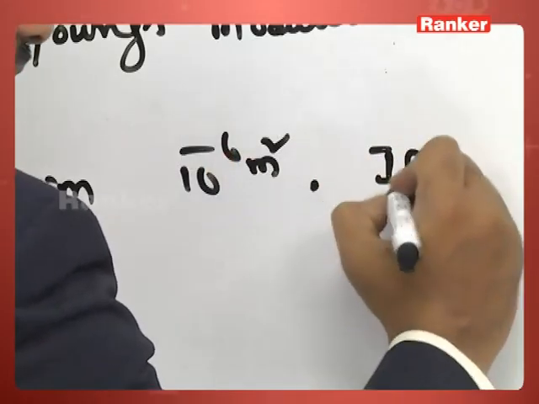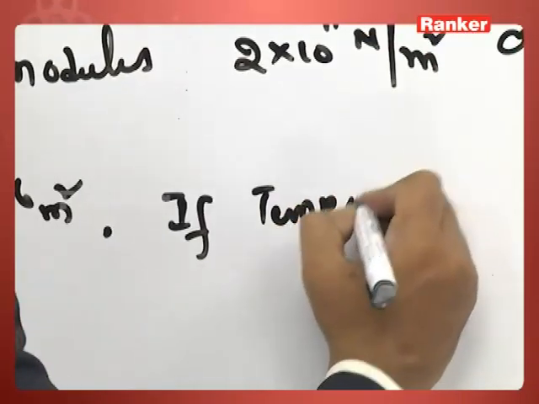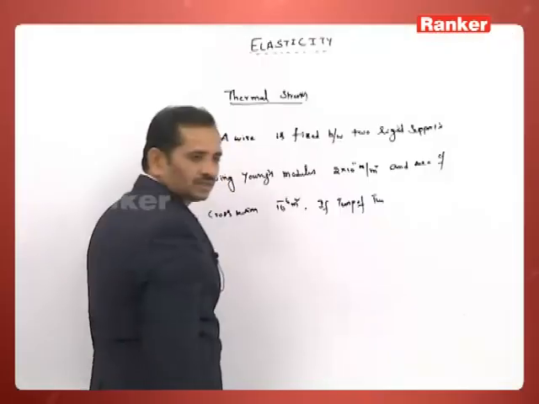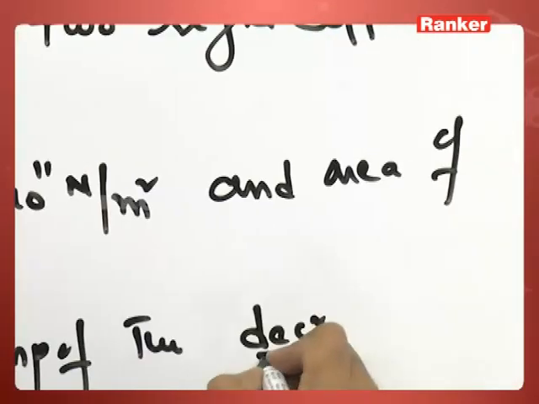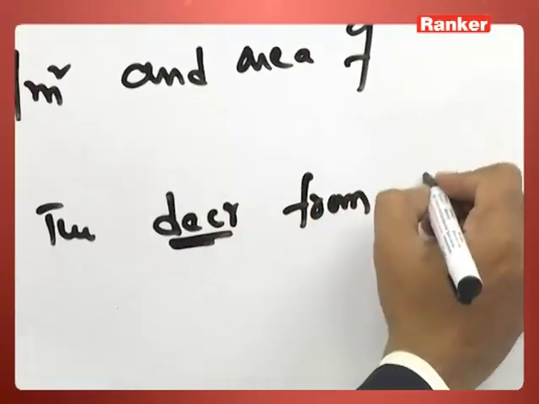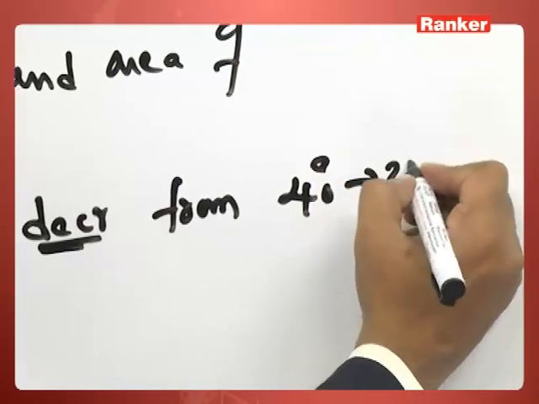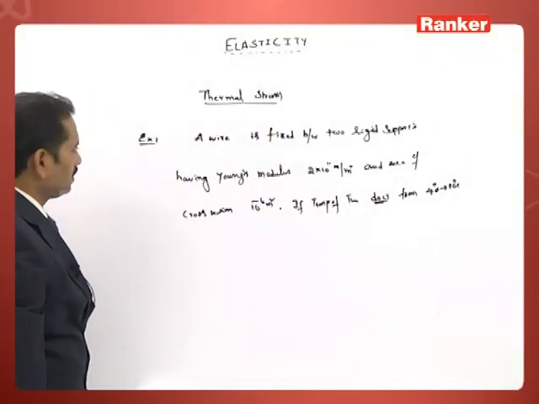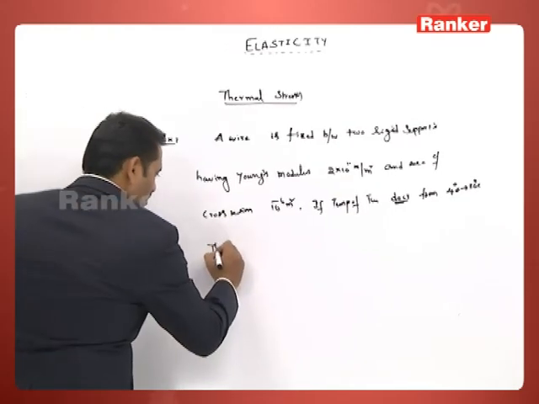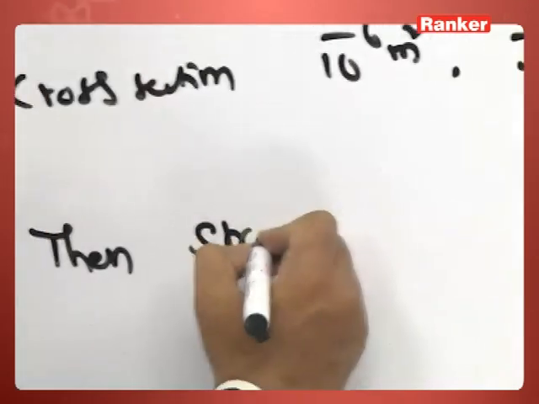If the temperature of the wire is decreased from 40 degrees centigrade to 20 degrees Celsius, then find the stress produced in the wire.